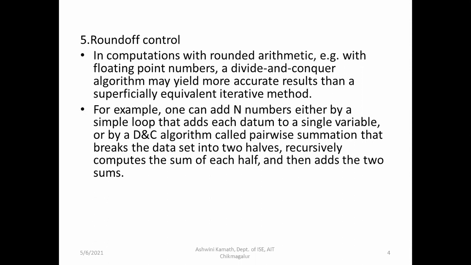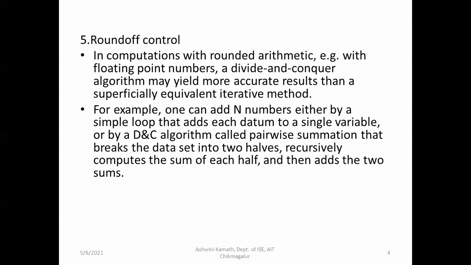So what we can do, instead of using the single loop, is execute the divide and conquer technique. It will divide the input into halves until it becomes small, that is two values in each subproblem.